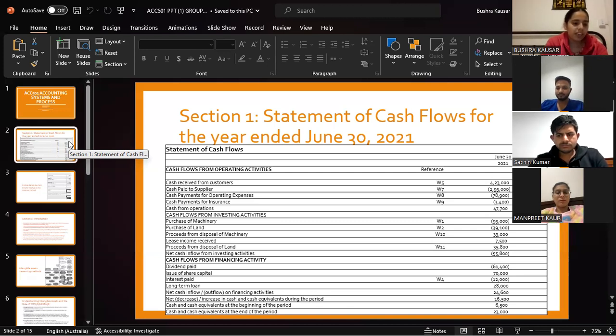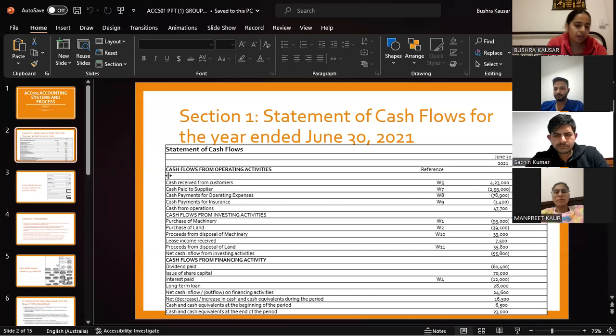Now the third point is cash flows from financing activities. This section reports cash changes resulting from activities such as issuing shares, paying dividends, borrowing money, and repaying loans. In this case, the Limited Company has generated a net inflow of 24,600 from financing activities.